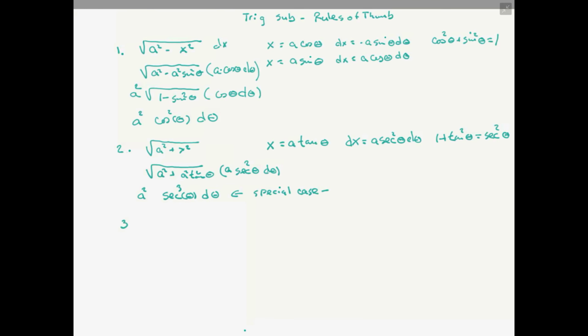Our third case would be the other way around, where we have x squared minus a squared.